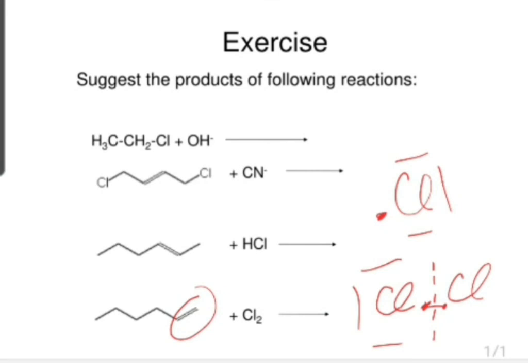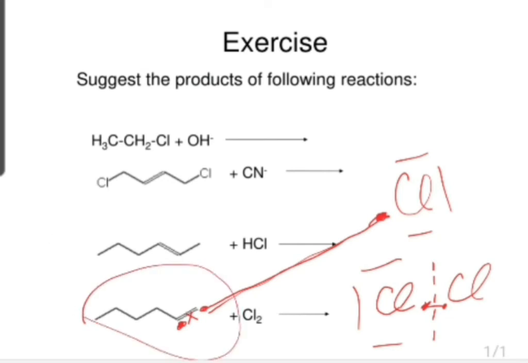What happens in this case? This double bond, the second one, is broken, leading to two electrons. One of them makes a single bond with the radical chlorine, and the second one remains free, giving us a new radical.